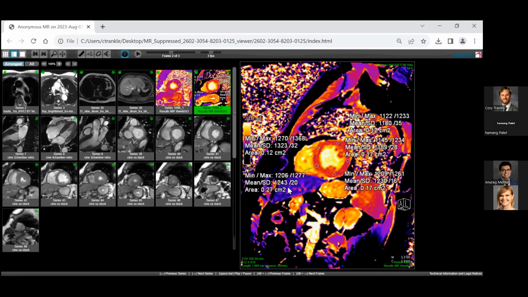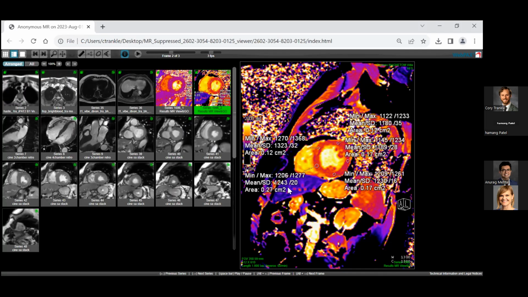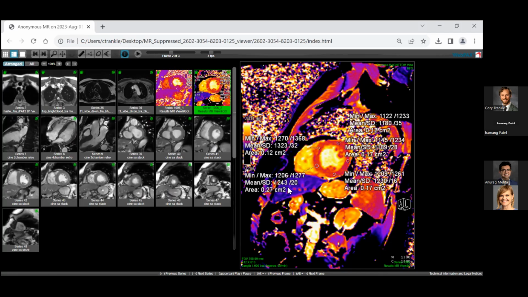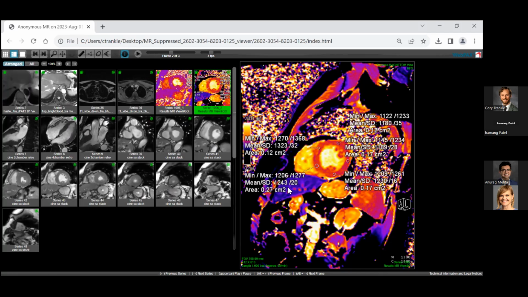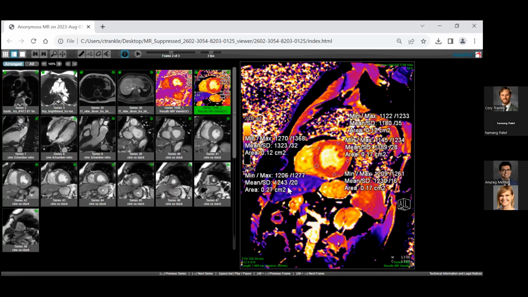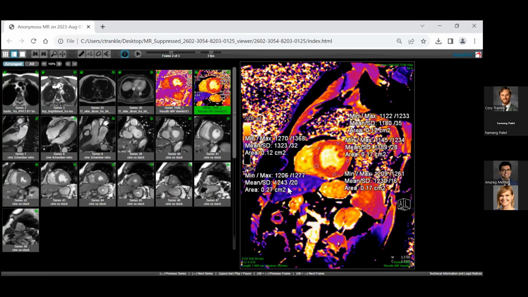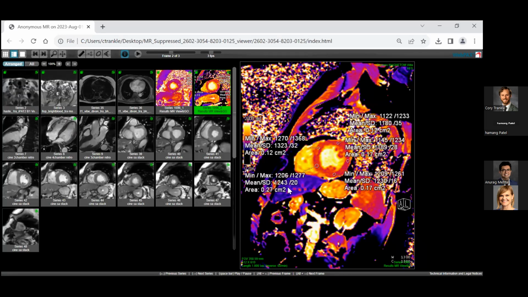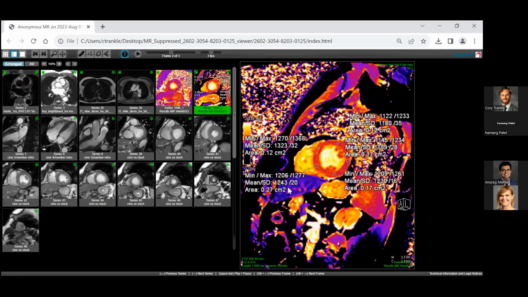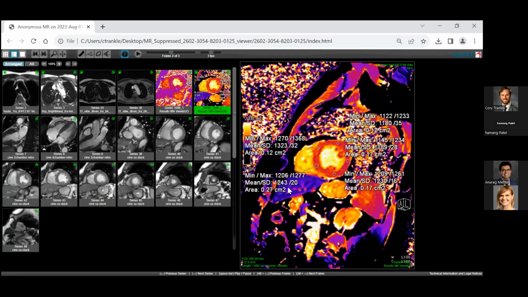Now, what's going on if the T1 value pushes north of 1,300 milliseconds at 3T or 1,000 milliseconds at 1.5T? That ratio of 73% to 27% is going to change. Something else is in the extracellular space.